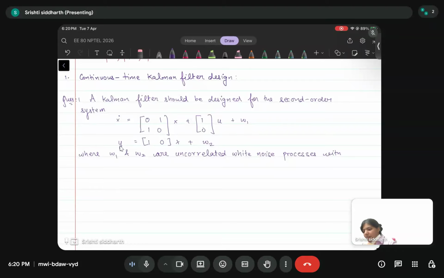The covariance matrix is also known as intensity. So with intensities Q equals [3, 0; 0, 0] and R is 1, respectively.